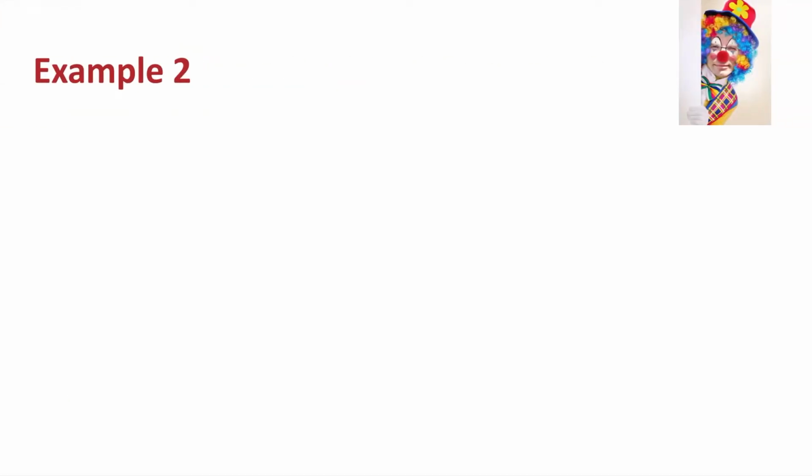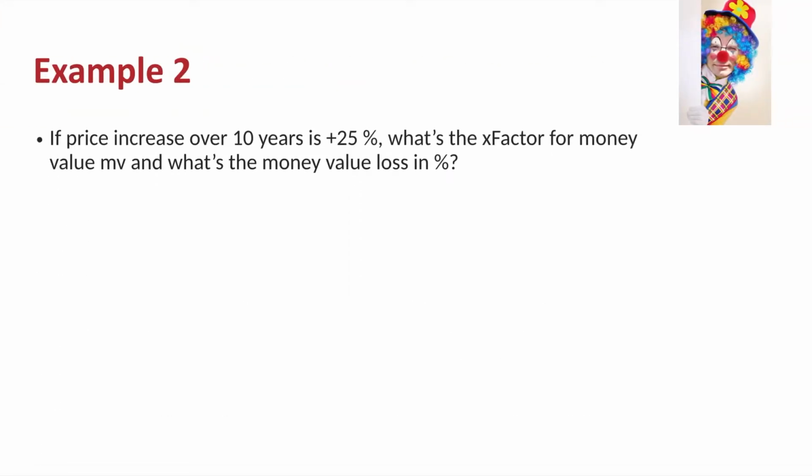Example number 2. If the price increase over 10 years is 25%, what's the X factor for the money value? I'm calling this MV here. And what's the money value loss in percent? Let's take a look. The X factor of the price is 1 plus 25 hundredths, so 1.25.